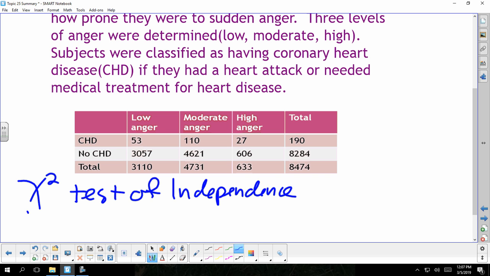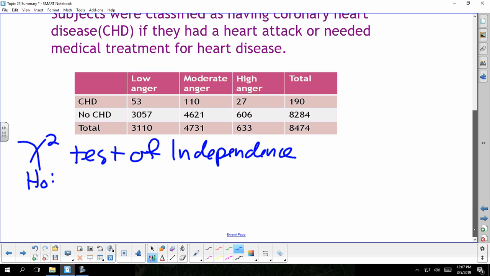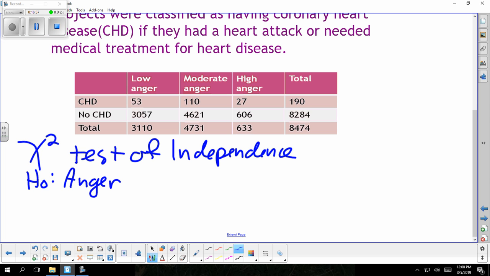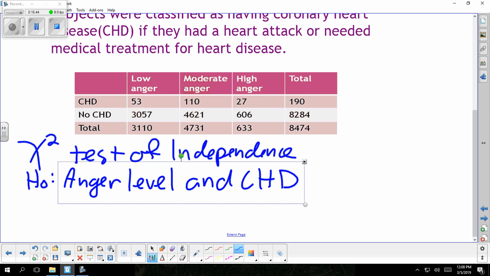And our null and alternative hypothesis: anger level and coronary heart disease are independent.